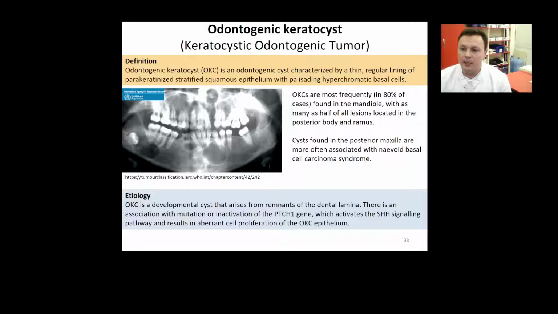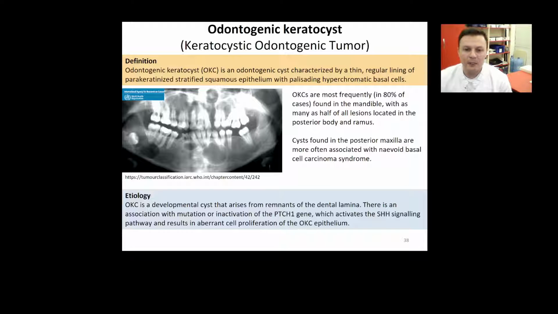It is a developmental odontogenic tumor with many distinguishing clinical and histological features. Among them are potential for local destructive behavior, relatively high recurrence rate, and designation as a consistent finding in the nevoid basal cell carcinoma syndrome, or Gorlin syndrome.